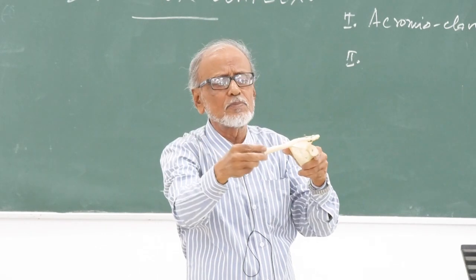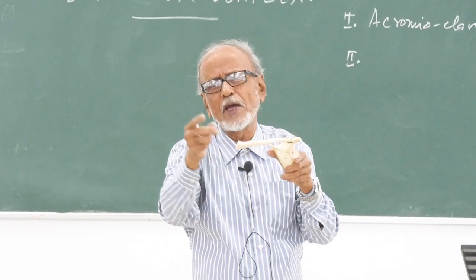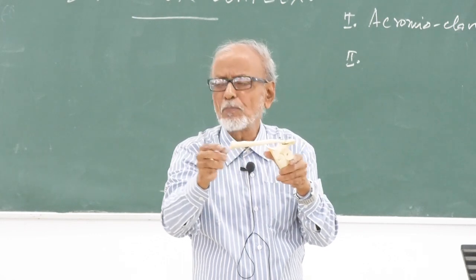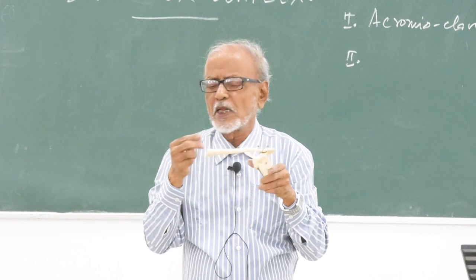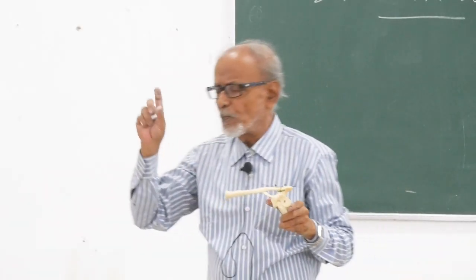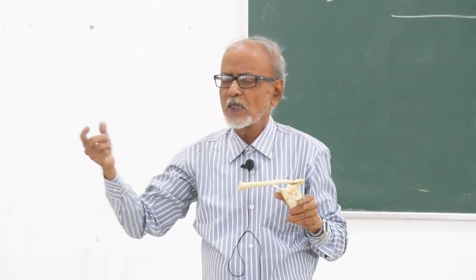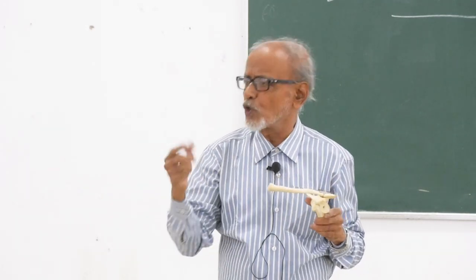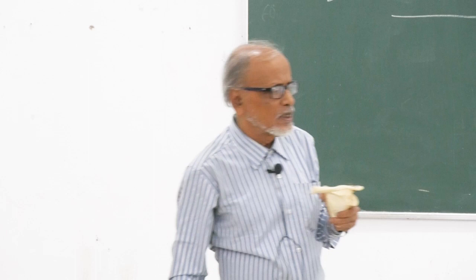At the medial end of the clavicle we will find the manubrium sterni, a bone of the axial skeleton. It will form a joint with the manubrium sterni component of sternum. That joint will be called as the sternoclavicular joint. ঠিক আছে.